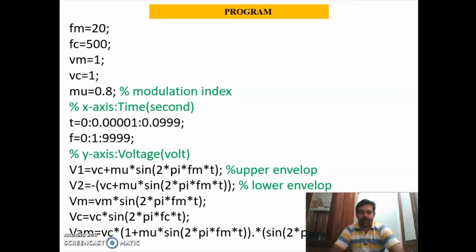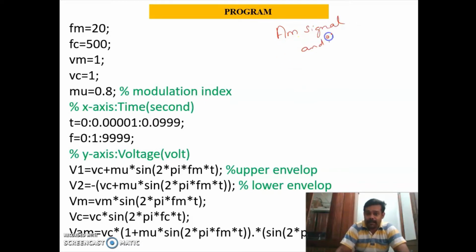Now we are going to the explanation of the program. We are going to generate the AM signal and its spectrum. So, amplitude modulation.